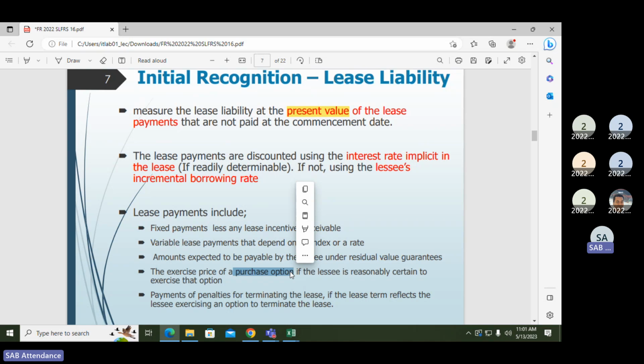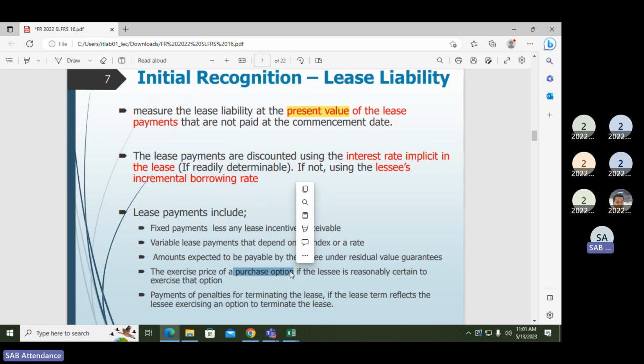From the lessor's point of view, they have a standard agreement, they lease out only for 5 years. But you negotiate a termination option. After 4 years, you can terminate the lease contract. So you have to pay some fee. That also is part of the payment you made to use this asset over a 4-year period, right?